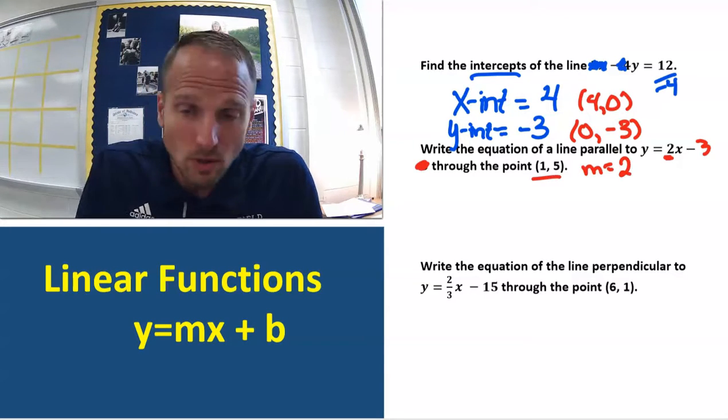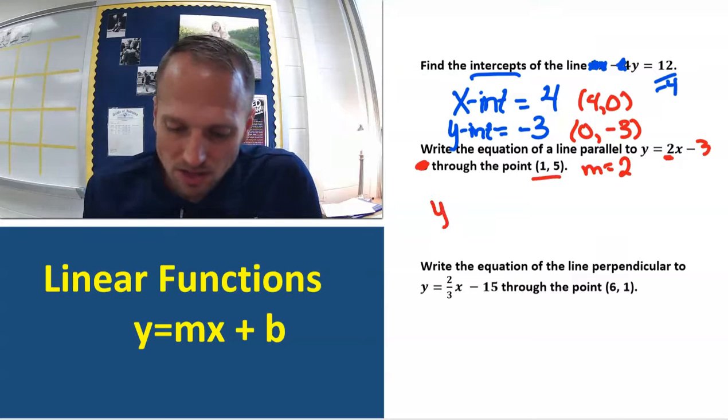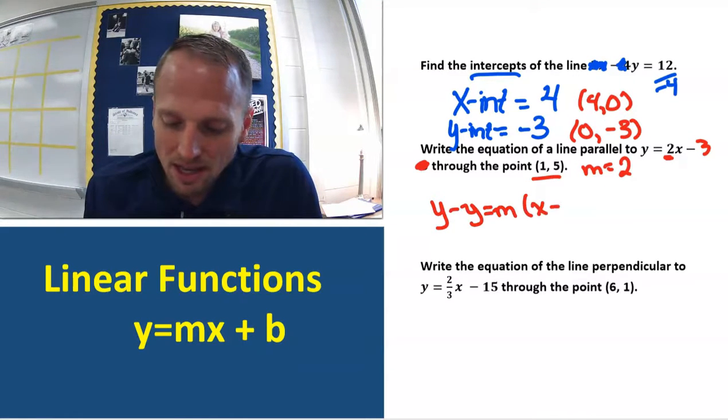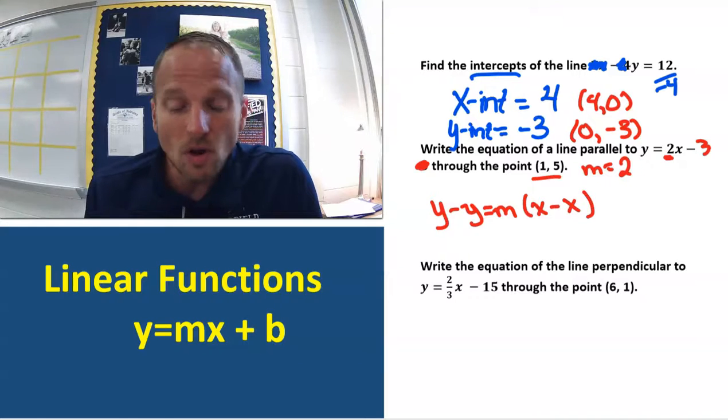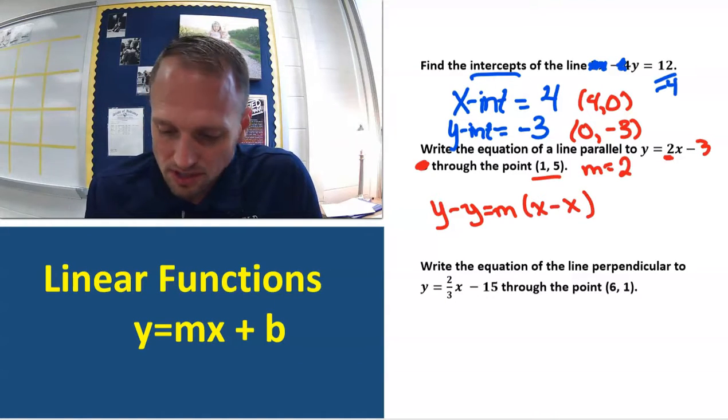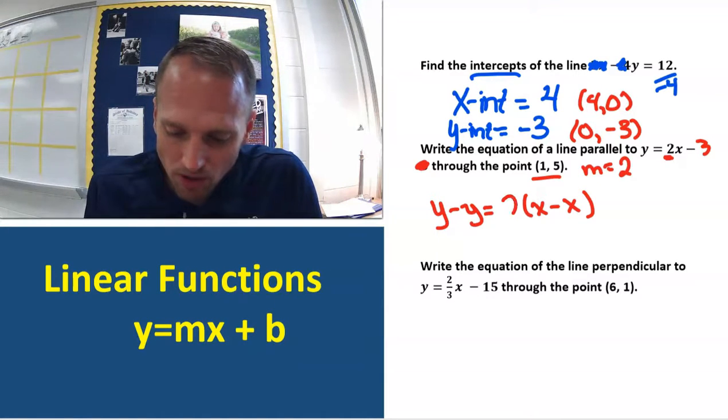Well, now we're right back to where we were at the beginning of this lesson. y minus y1 equals m times x minus x1. And we know that the slope is 2 because it's the same as that other line since they're parallel. Our x is 1 and our y is 5.